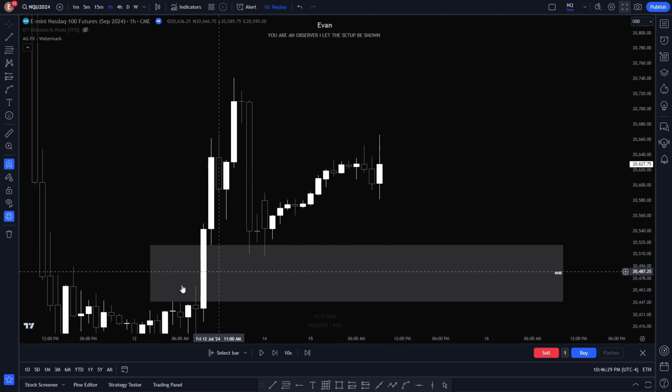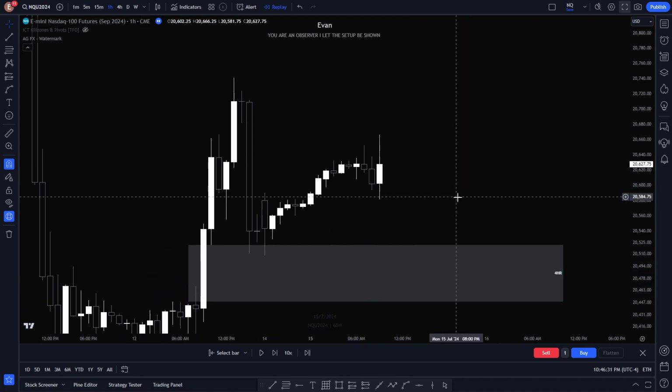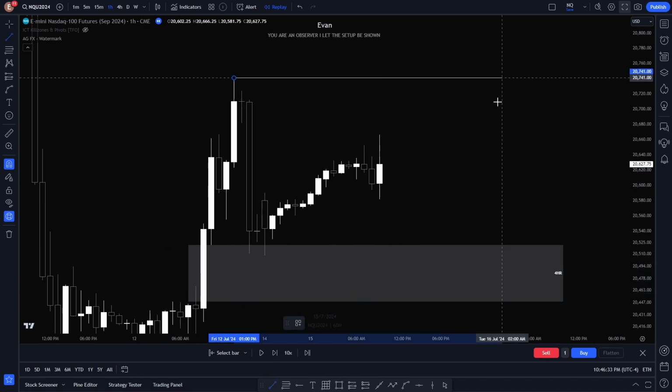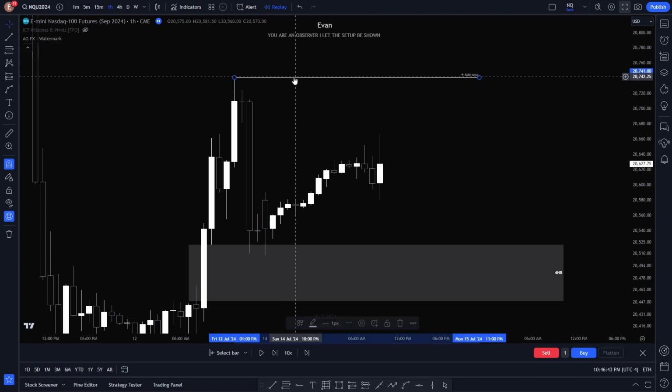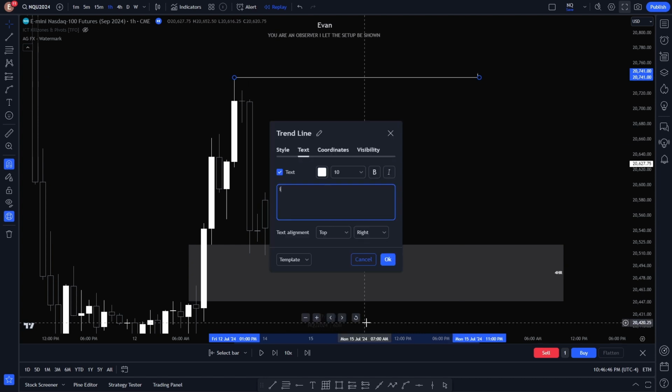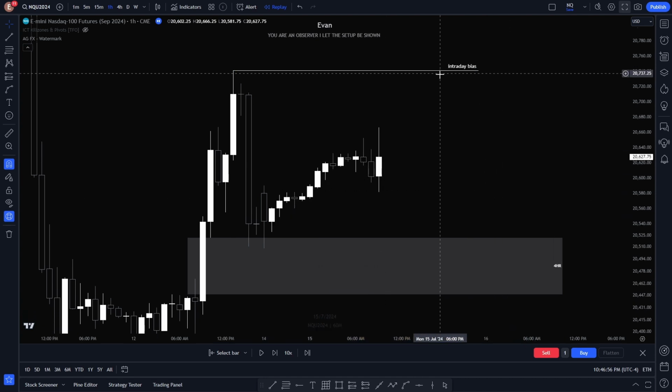Well, we have this high right here. This high, if we are bullish, this high is my intraday bias.